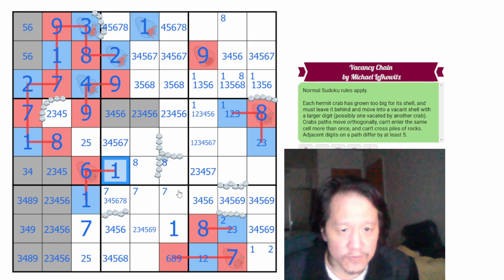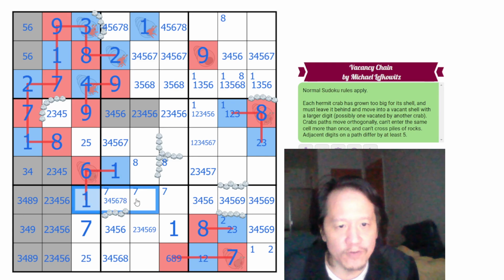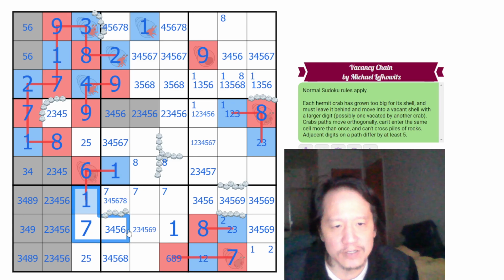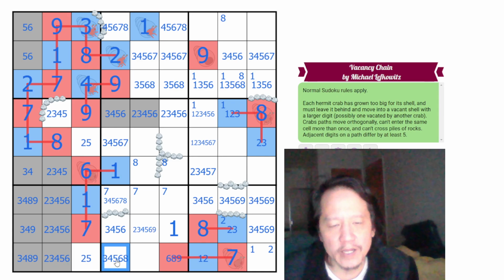Where can this enter from? It has to come from here, which means this can never just go straight through here. So this has to go down. It could exit either of these two spots. That's fine. But it would be 2 and 8 if that's the case, which would make this 1.